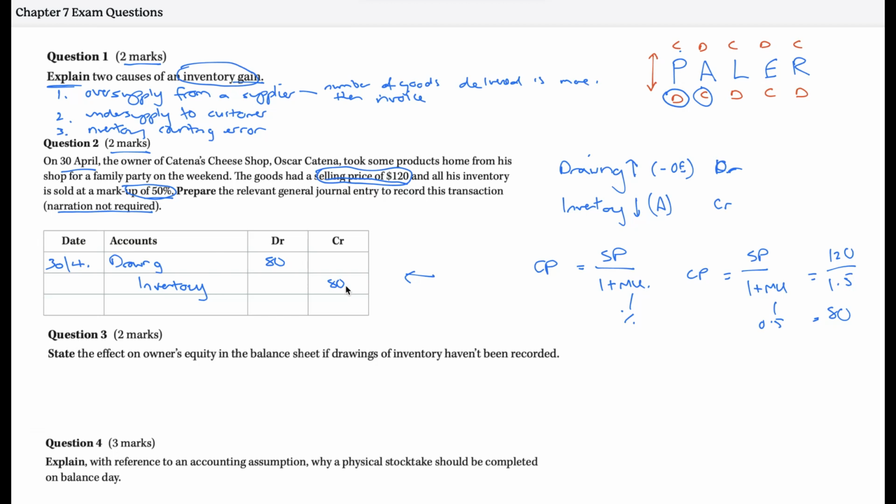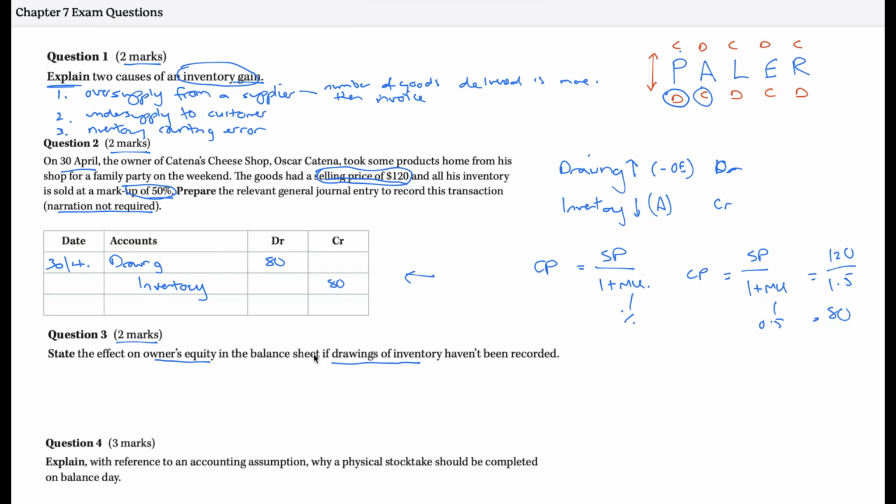Number 3 is a challenging one. It is for 2 marks, and we are asked to state the effect on the owner's equity in the balance sheet if the drawings of inventory haven't been recorded. And we might be tempted to say, because logically, drawings impact owner's equity, if we don't do this, our owner's equity will not be accurate.